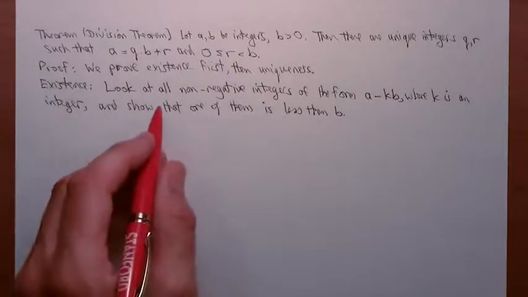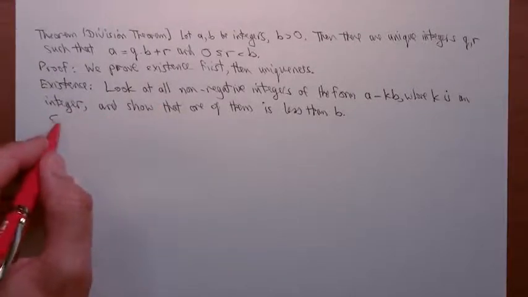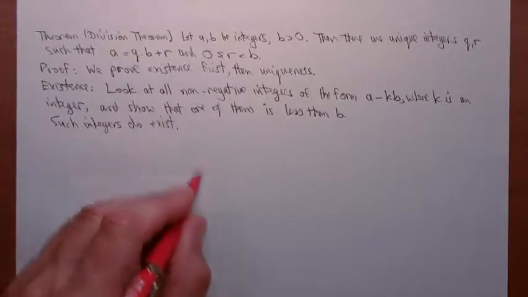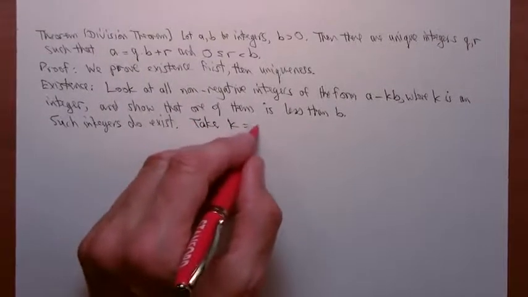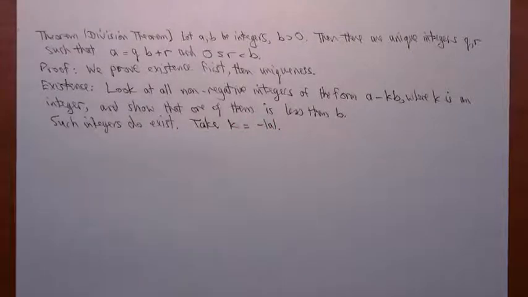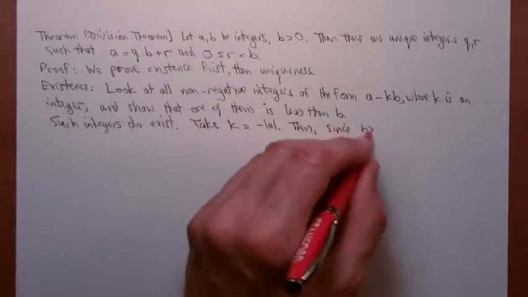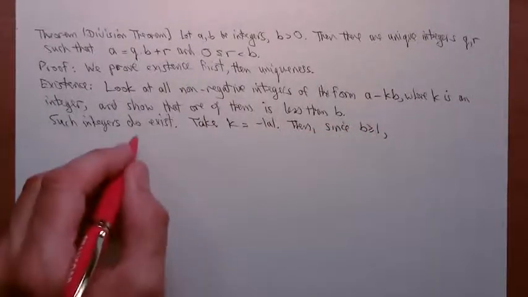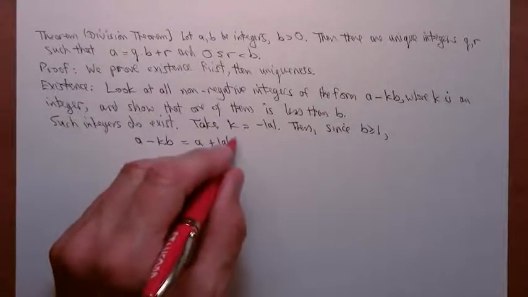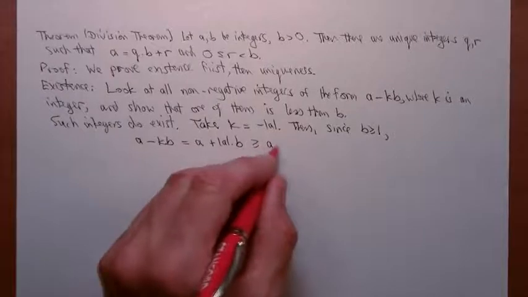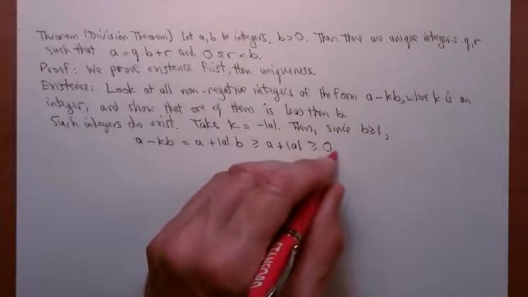Well, first of all, I need to show that there are such integers. For example, take k equals negative absolute value of a. Then, since b is greater than or equal to 1, a minus kb equals a plus absolute value of a times b, which is greater than or equal to a plus absolute value of a, which in turn is greater than or equal to 0.